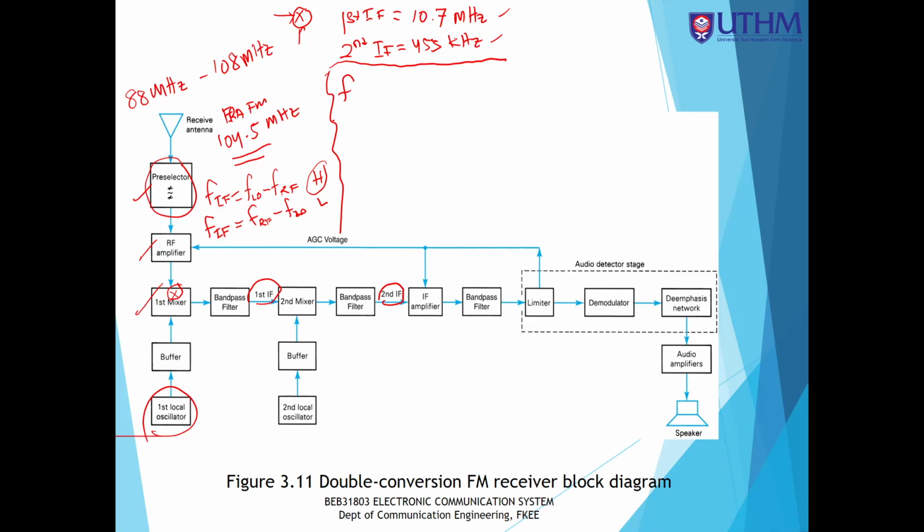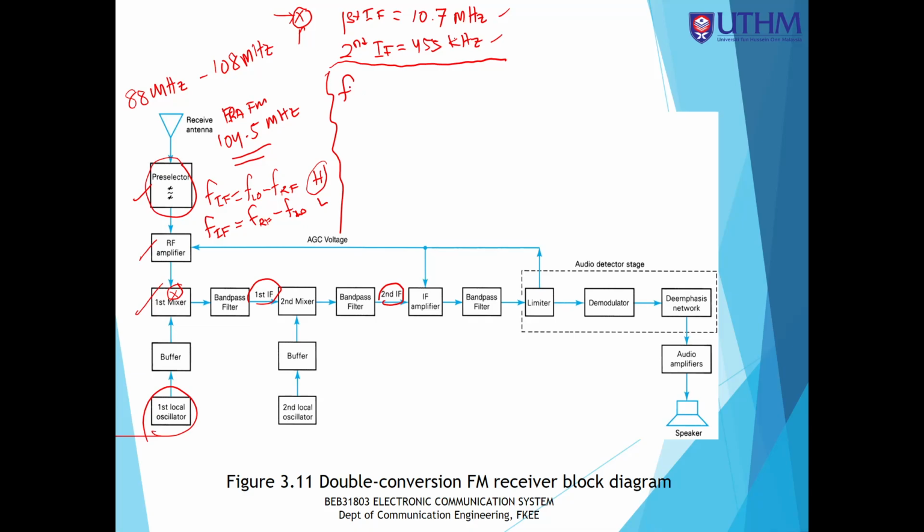In the mixer, when two inputs are mixed together, we produce an upper sideband and also a lower sideband. And in this case, the lower sideband would be the intermediate frequency.